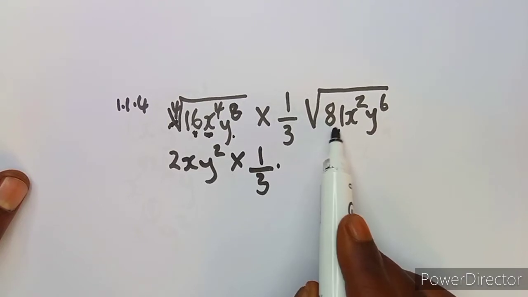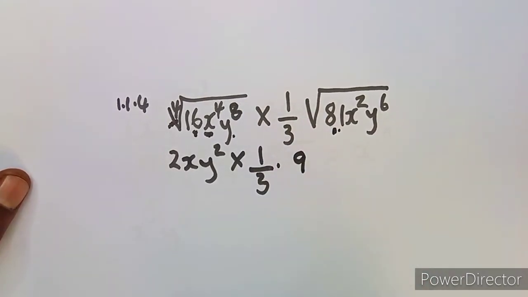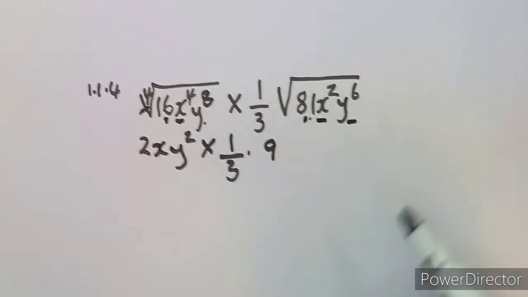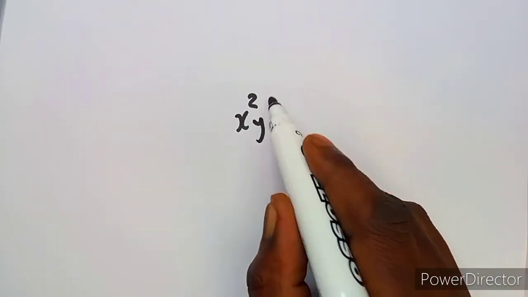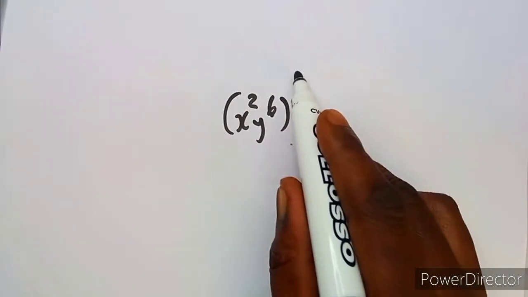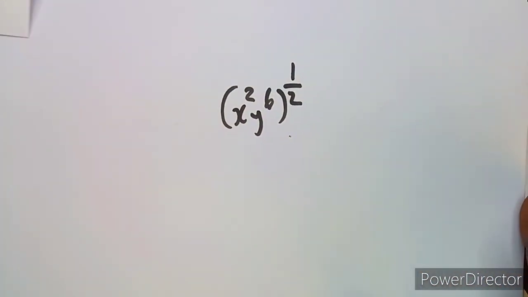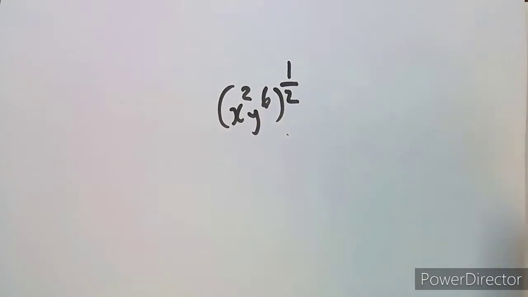So what is the square root of 81? We know that the square root of 81 is 9. But here we have got x and y, so we're going to apply the same thing for x and y. We are going to take x squared, y to the exponent of 6, everything to the exponent of half. Remember, square root means to the exponent of a half, which is 1 over 2.